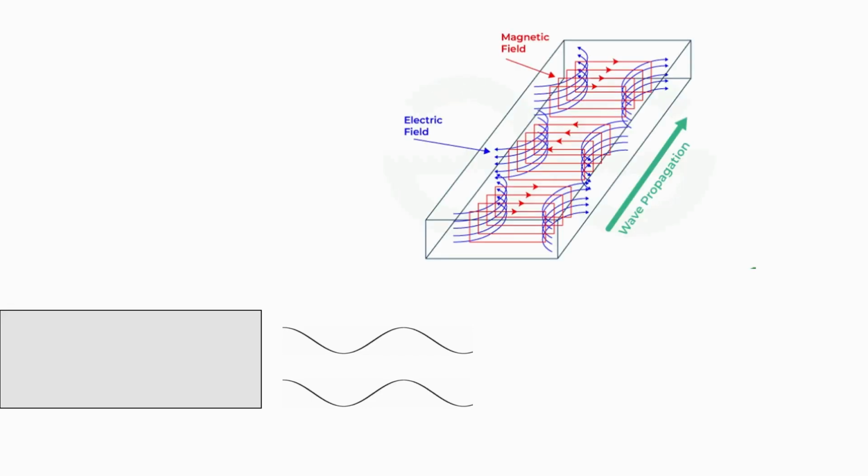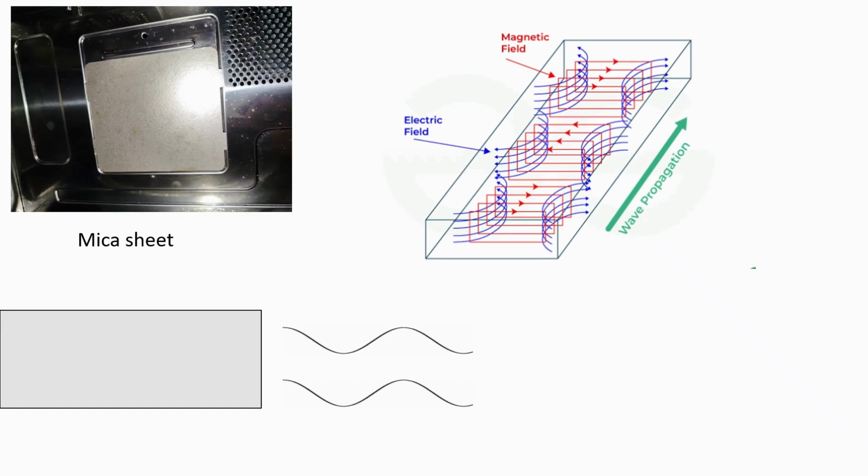These waves enter a waveguide, a hollow metal pipe that acts like a mirror-lined hallway. The waves cannot penetrate the walls, so they reflect in a sort of zigzag pattern towards the oven. A mica sheet acts like a window, letting the waves through it while keeping the food splatter and dust out of the electronics.